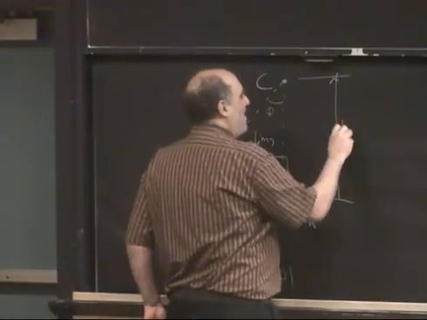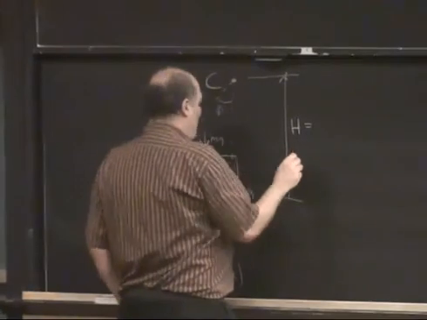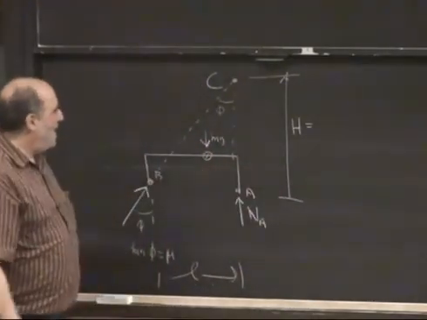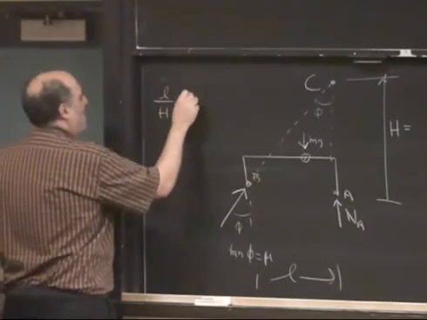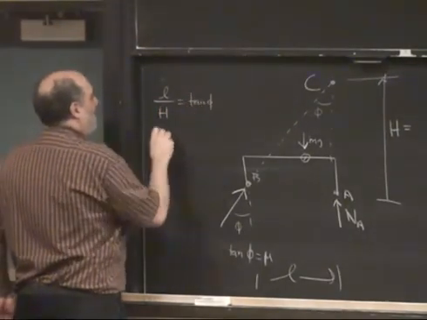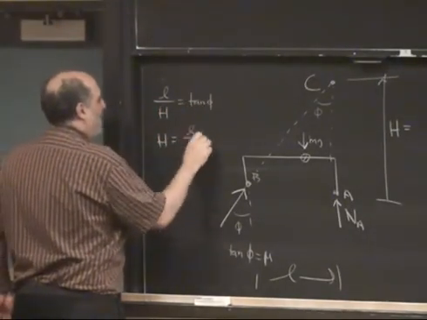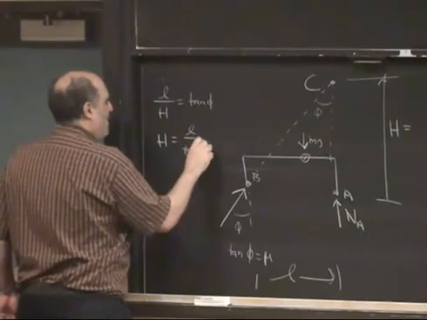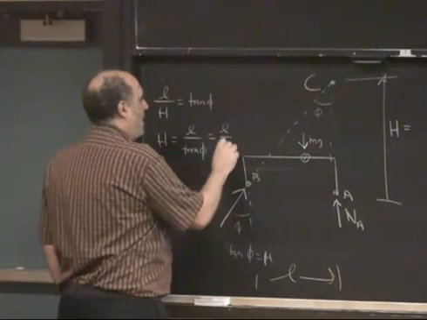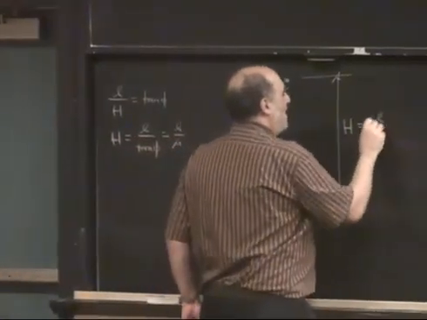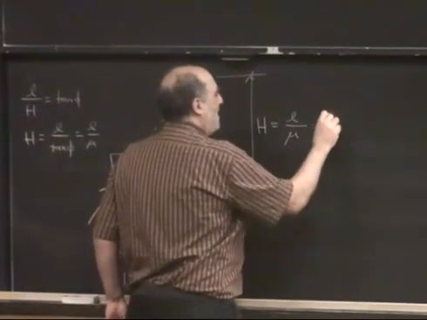So this height here, I can call it h, is equal to, how did it go? We had L over h was equal to tangent of phi. Therefore, h is equal to L over the tangent of phi, or L over mu. So h equals L over mu equals L over tan phi.